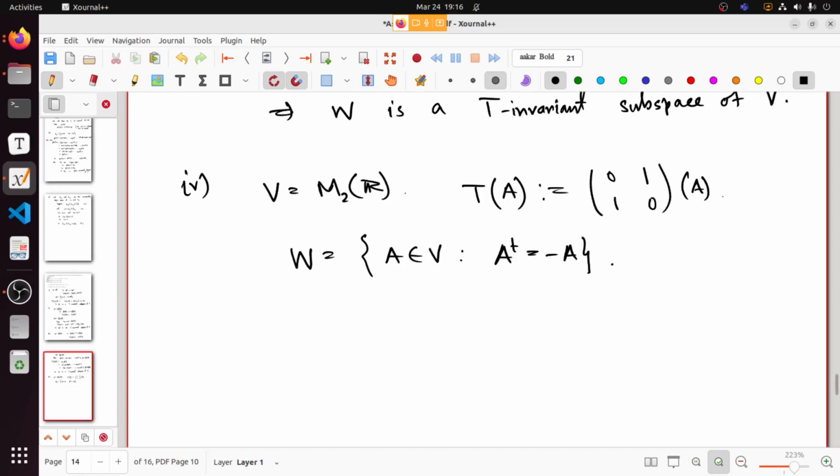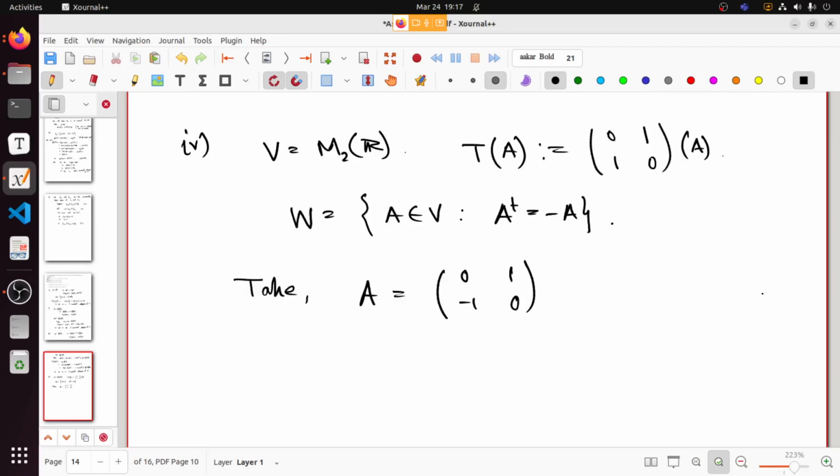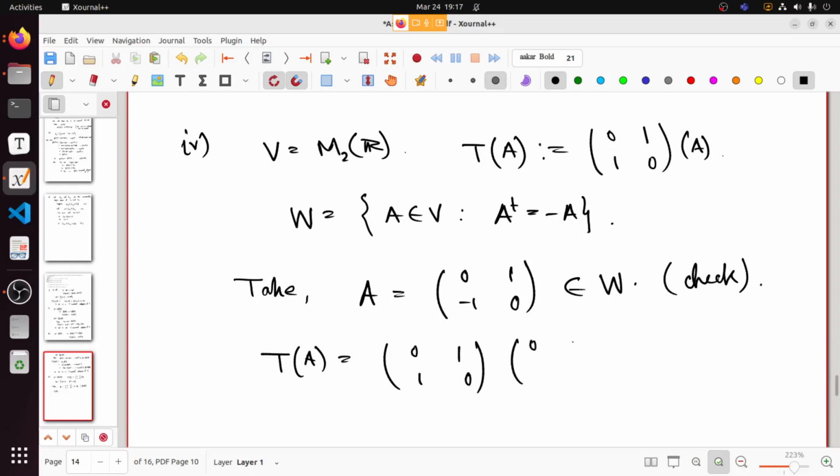So let's take this A. Take A to be 0, 1, minus 1, 0. Then if you transpose it, you can check that A transpose is minus A, meaning A is antisymmetric. This you can check. Now apply T to A. So what will happen? 0, 1, 1, 0 times 0, 1, minus 1, 0. So what do we get?